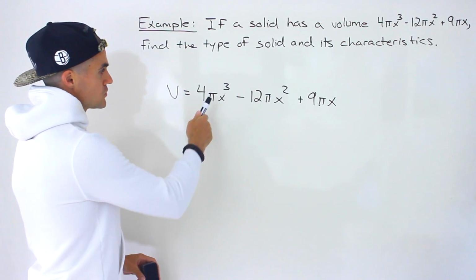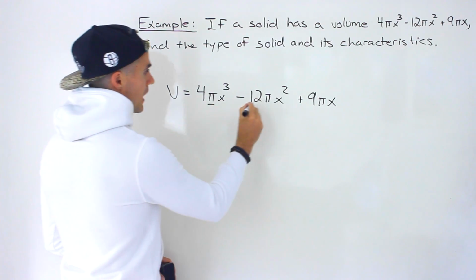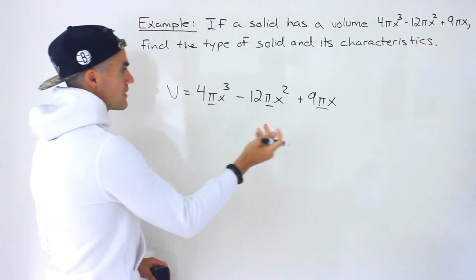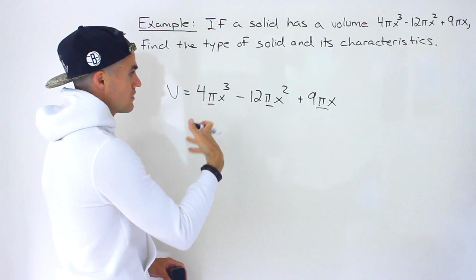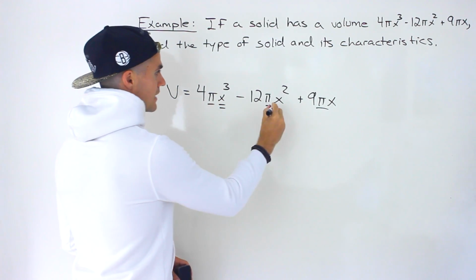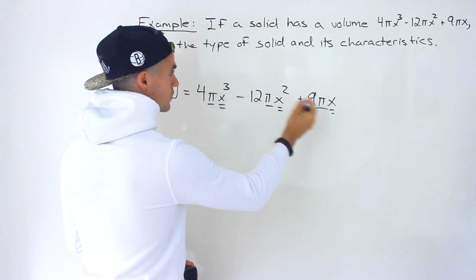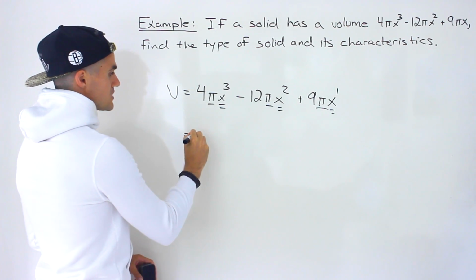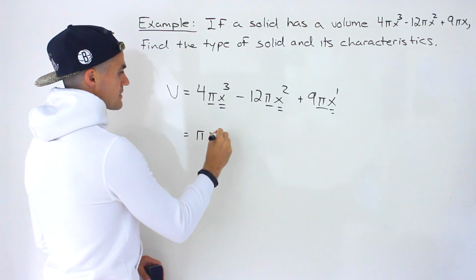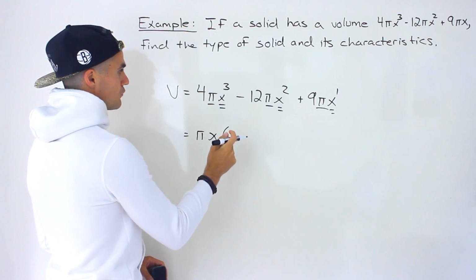Notice that between all these expressions, they contain a pi, so we could definitely take out a pi. Between the 4, 12, and 9, there's no common factor, but each of these contains an x, and the lowest exponent is x to the power 1. So we could take out a pi x, and what would we be left with in the bracket?